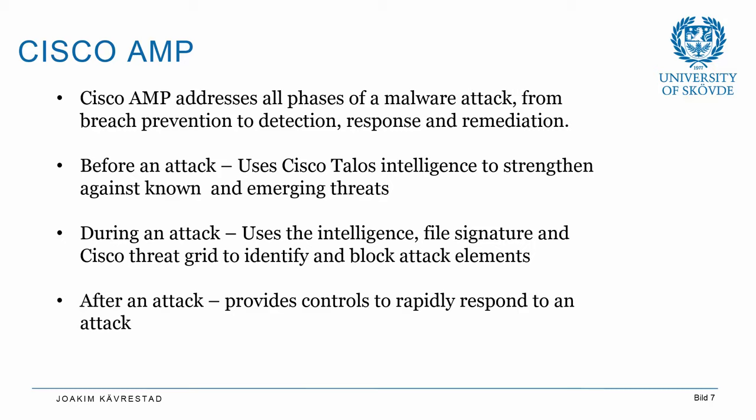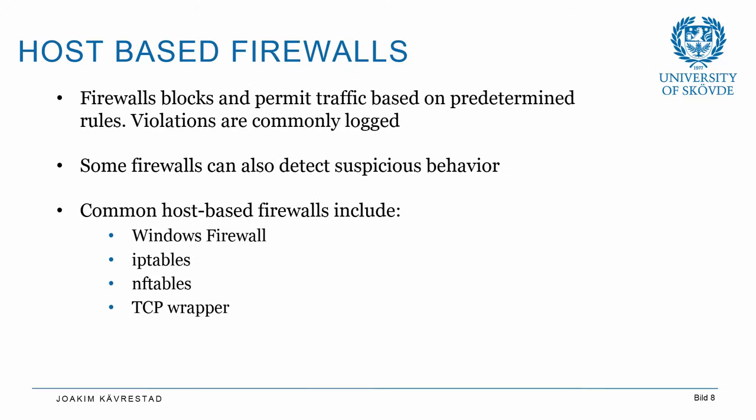So the idea is that using Cisco AMP, you can rapidly get information about what's happening out there. During an attack, it uses the same intelligence, file signatures, and Cisco Threat Grid to identify and block attack elements. And after an attack, it can provide controls that can be used to rapidly respond to an attack. So this is quite a nice Cisco technology that you can read more about, but we are moving on.